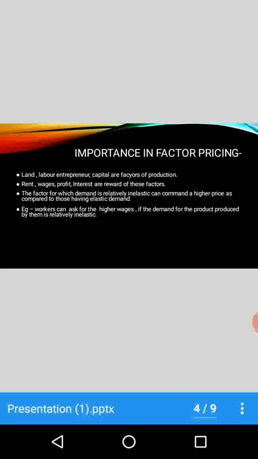Workers can ask for higher wages if the demand for the product produced by them is relatively inelastic.